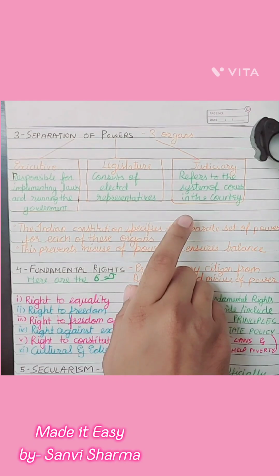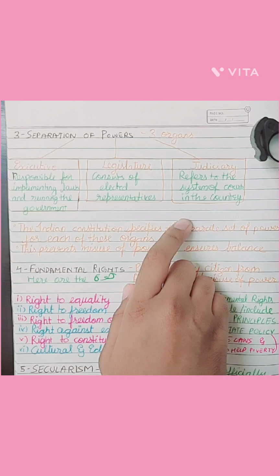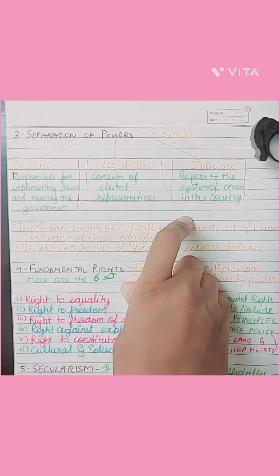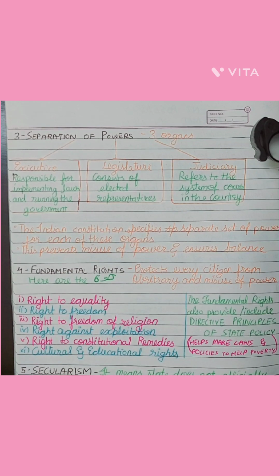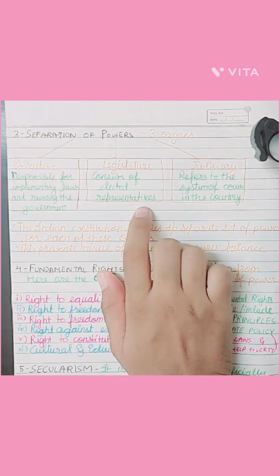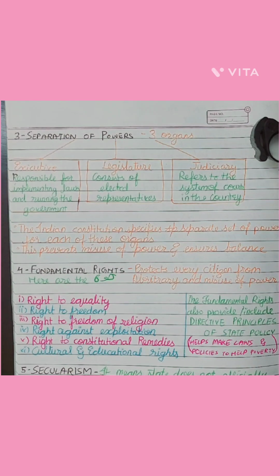The judiciary refers to the system of courts in the country. And the legislature consists of the elected representatives.